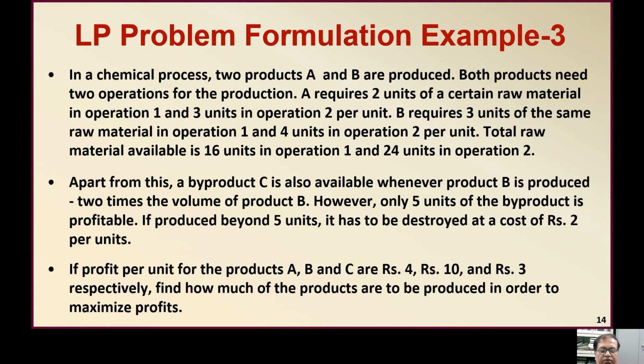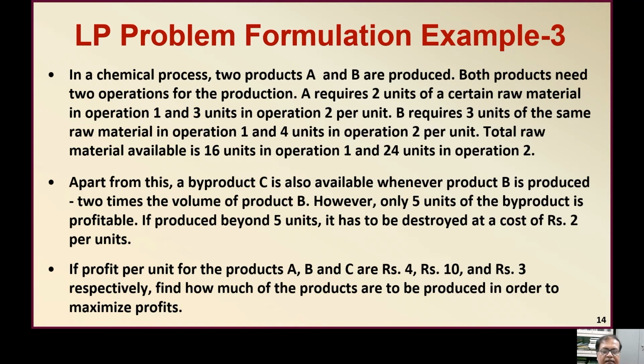So these are the profit coefficients: 4 for A, 10 rupees for B, and 3 rupees for C. That is the profitable part of the byproduct, per unit. So what you have to do is decide how much of the products are to be produced in order to maximize profit?